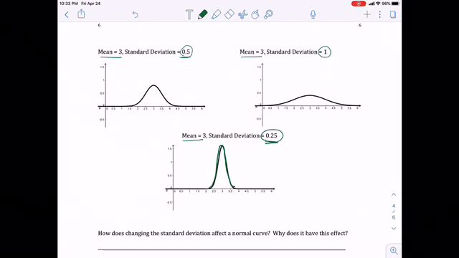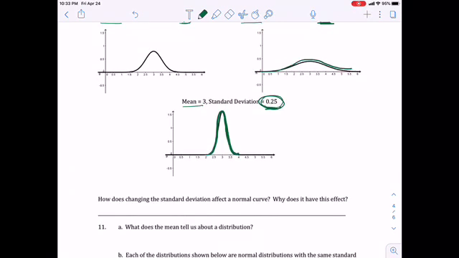Remember that standard deviation is a measure of spread. It tells us how spread out the data is. So if we have a big standard deviation, that means our data is really spread out, like this, as opposed to having a small standard deviation, which means our data is not very spread out at all. Instead, most of our data kind of sits together right here in the middle.